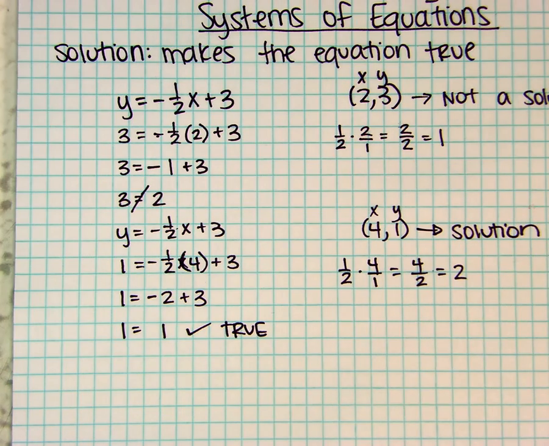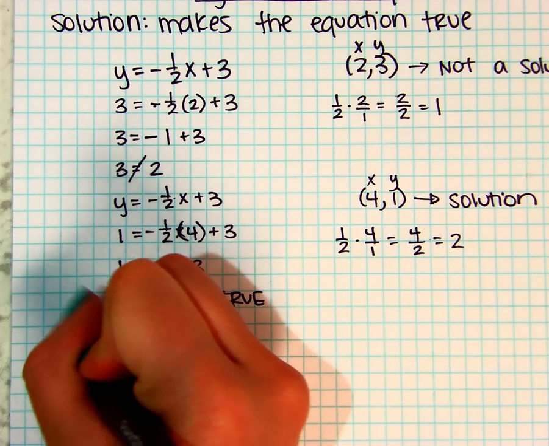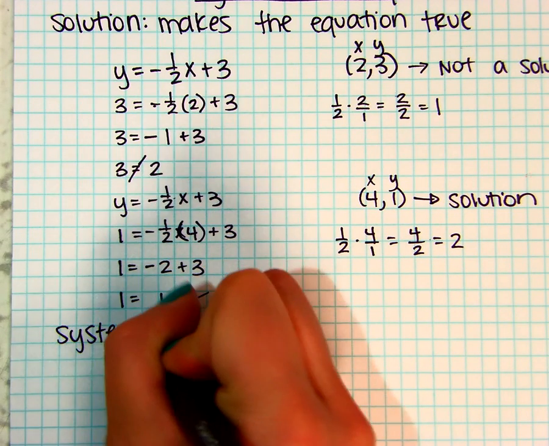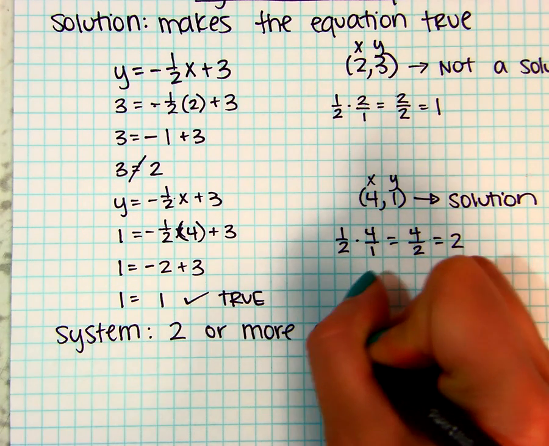When we're dealing with systems of equations, we're going to have two equations, and we need a point that makes both of them true. Systems means we have two or more equations.